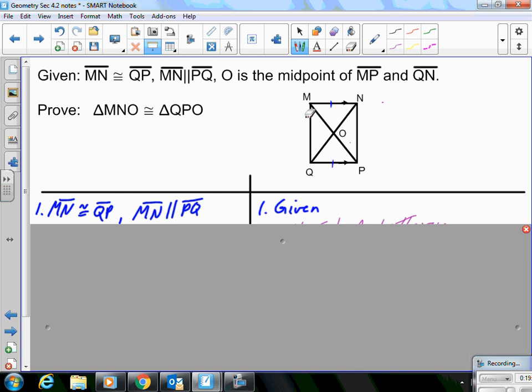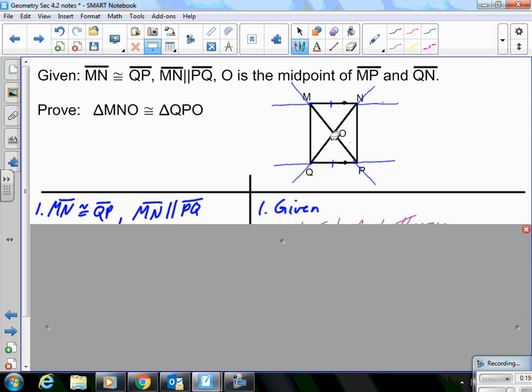So if I look at MN and QP, these are parallel lines, top and bottom. Of course, we're kind of used to seeing those lines go on further, right? Which also makes MP a transversal there, and QN is a transversal over here.